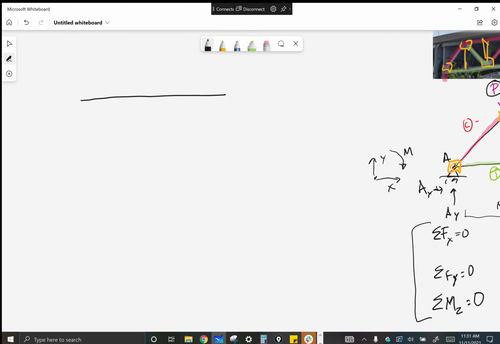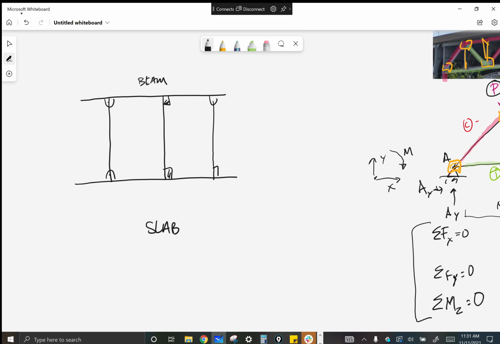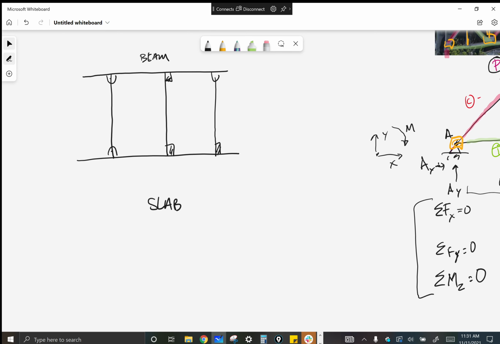Here's that typical drawing you see. So this is a beam up here, or whatever. This is a slab. And these are columns. So we can have hinged, fixed, or hinged-fixed.